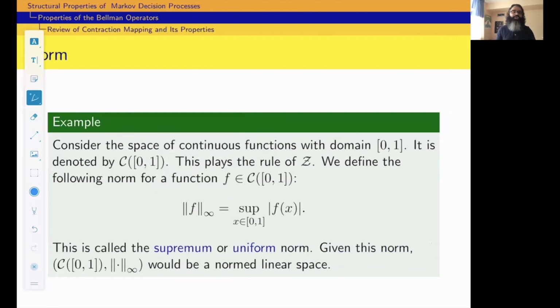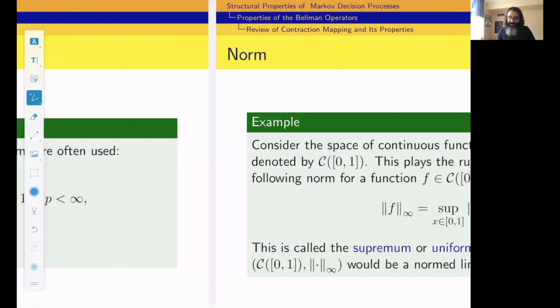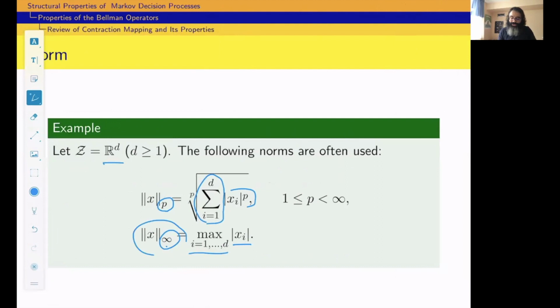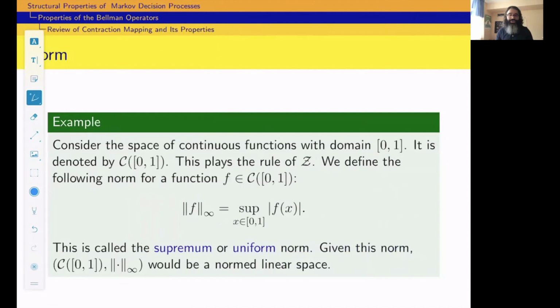Okay, another norm, a newer one, you can think of as an extension of this supremum norm, the infinity norm, from the finite dimensional vector space R^d to a larger function space, a very different case.